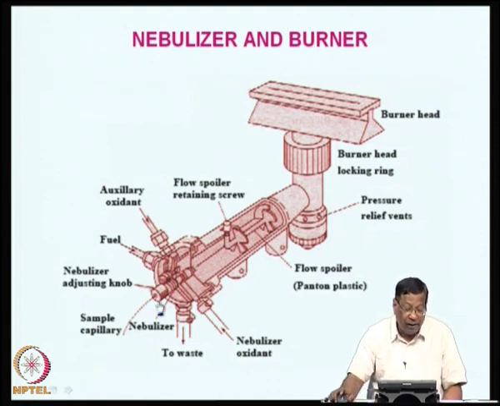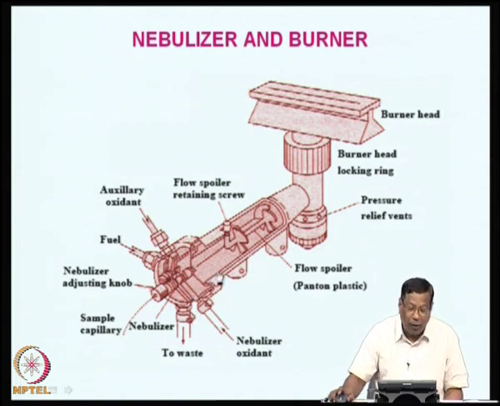So, what we have here is a nebulizer adjusting knob which connects the capillary, and then some drops remain here, some drops will form really very small droplets, and they are carried along with the auxiliary oxidant and fuel into the flame, into the burner, and the force of the fuel and the oxidant is enough to suck the liquid into the nebulizer.